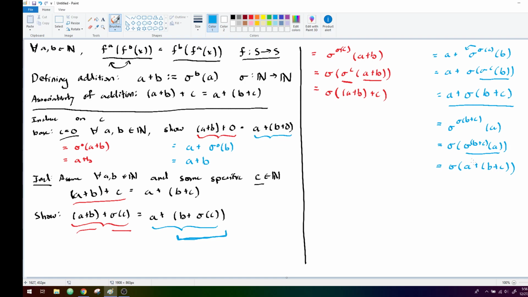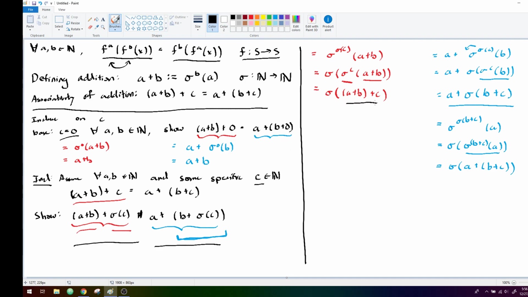All right, so we've transformed both sides of this equation here. We haven't yet proven that it's an equation, so I'm going to scribble that out. We really just have two expressions here, and we've translated them both into sigma of one of the sides of our inductive hypothesis.